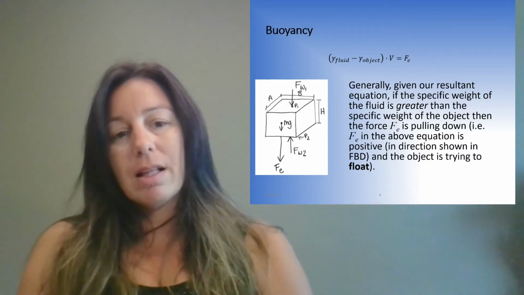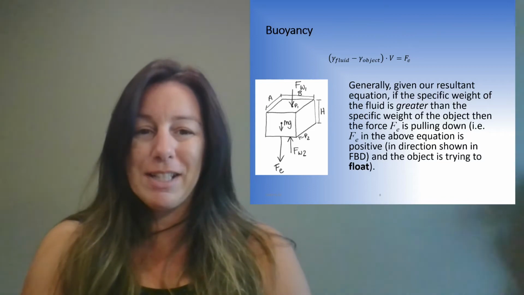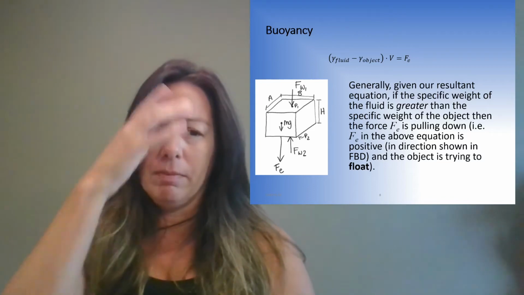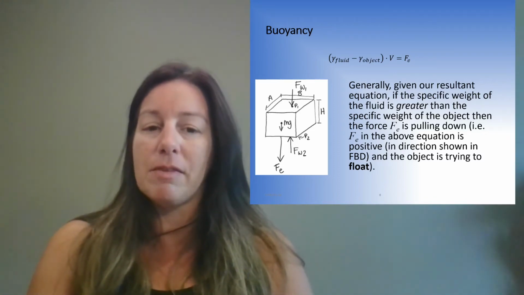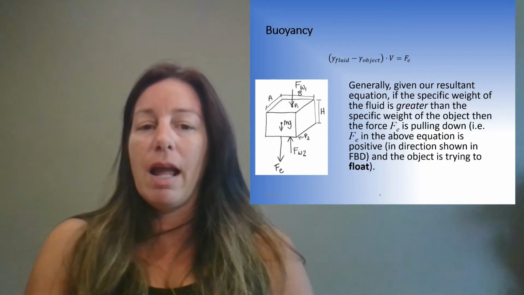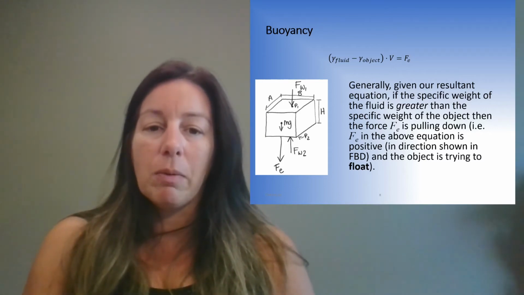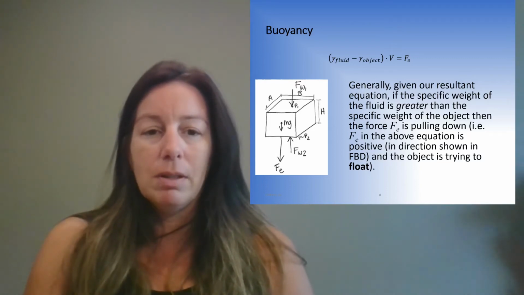Generally, given our result, that equation that we just spent some slides getting to, now if you have a look at it, if the specific weight of the fluid is greater than the specific weight of the object, then Fe is going to pull down in this equation, because again, positive is up.